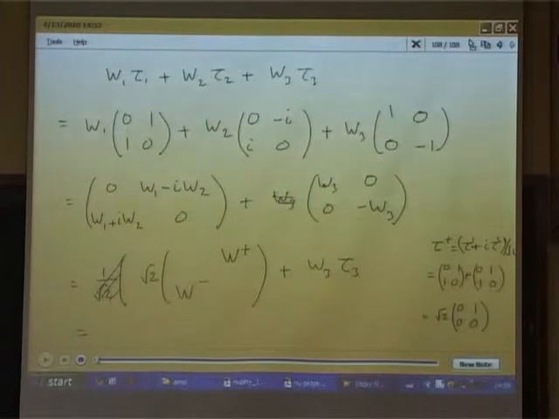So now if you look at this and this, you can see that I have actually been able to write these things as W plus tau plus. Similarly, tau minus is going to have a 1 here and a 0 here, so plus W minus tau minus plus.